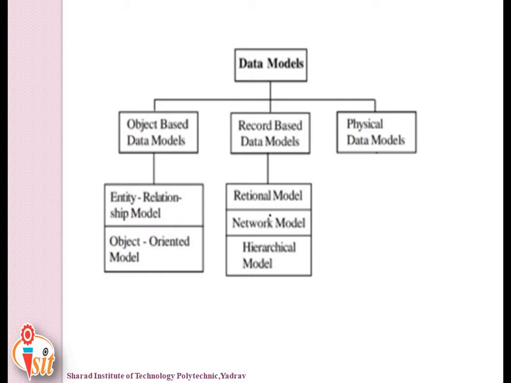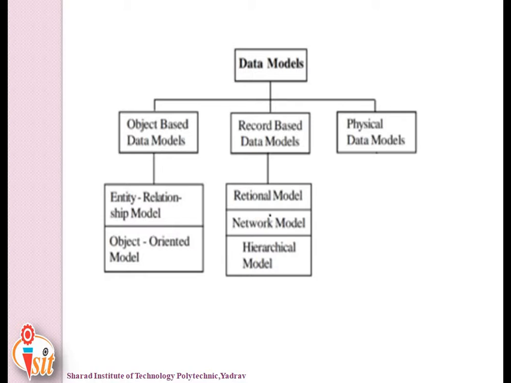And the object-based data model is again categorized into two types: entity relationship model and object-oriented model. The record-based data model contains three types: relational model, network model, and hierarchical model.